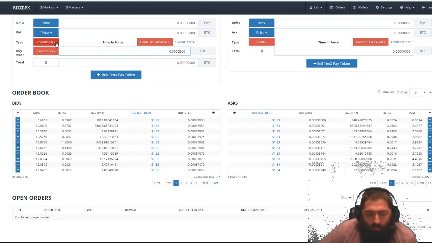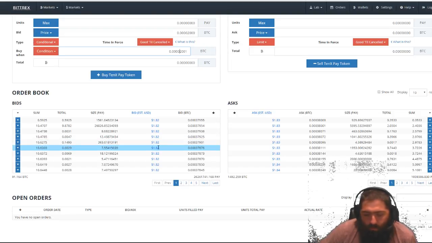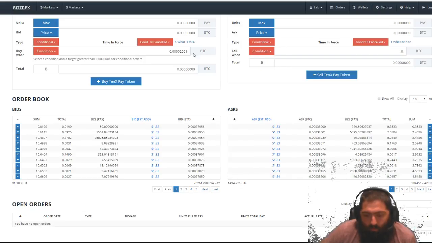So the limit is, it will actually put it in the order books right then and there. Yeah, you can do it either side. The limit is it adds it to the book.